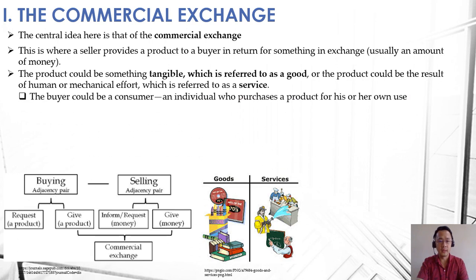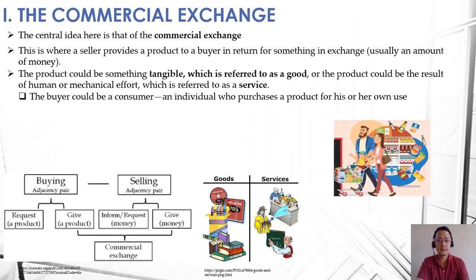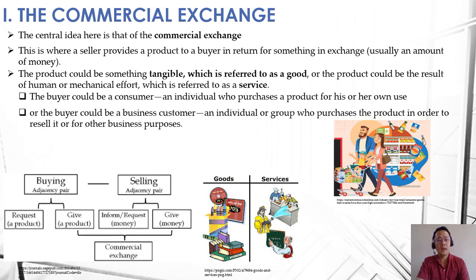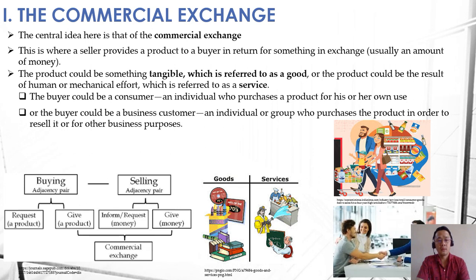The buyer could be a consumer, an individual who purchases a product for his own use, or the buyer could be a business customer, an individual or group who purchases the product in order to resell or for other business purposes.